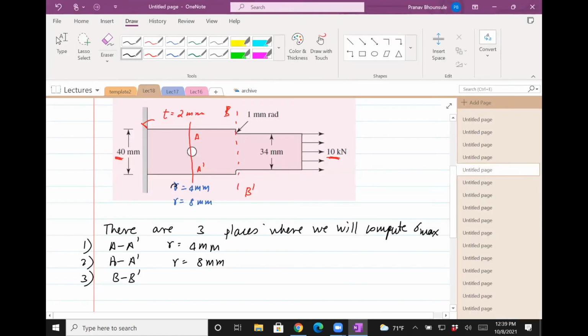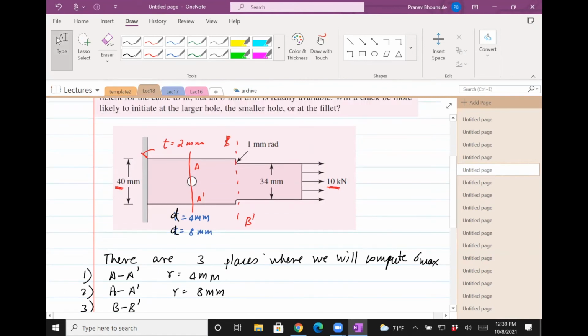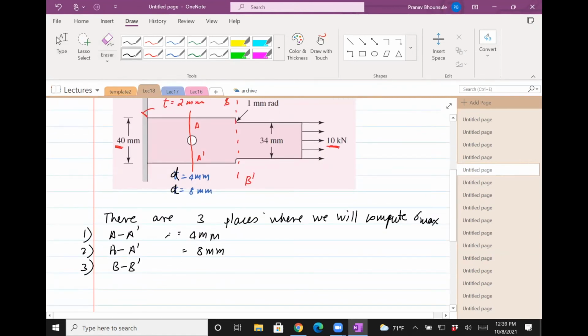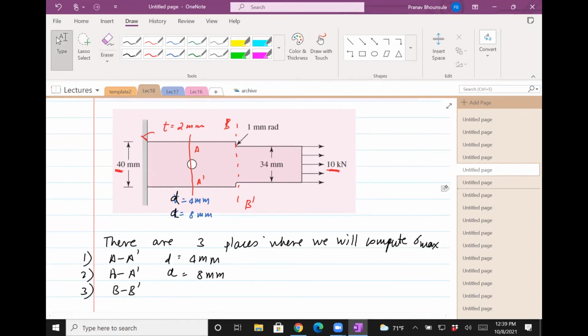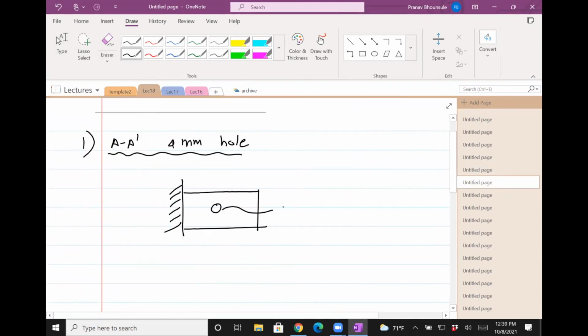This should be D, right? So let's say that the diameter is 4 mm. Then the stress, now I removed the fillet out of it because really what happens is the force is transmitted, and so the same force will appear across this section A. I drew a different section which is further ahead, but I just need the stress where there was no hole.